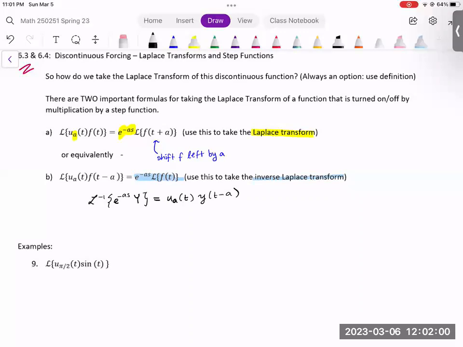All right, so same sort of thing. If we're taking the inverse Laplace transform, where we have an exponential, our answer is going to look a lot like the inverse Laplace transform of capital Y. It's just going to be, in this case, shifted right by A, and it won't turn on until time A.